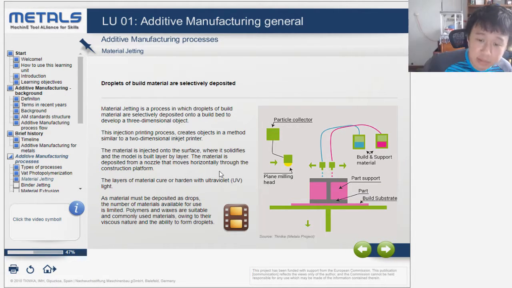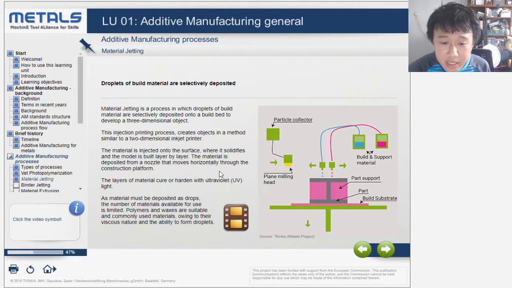Material jetting process. Droplets of build materials are selectively deposited. Material jetting is a process in which droplets of build materials are selectively deposited onto the build bed to develop a three-dimensional object. This inkjet printing process creates objects in a method similar to a two-dimensional inkjet printer. The material is injected onto the surface where it solidifies, and the model is built layer upon layer.